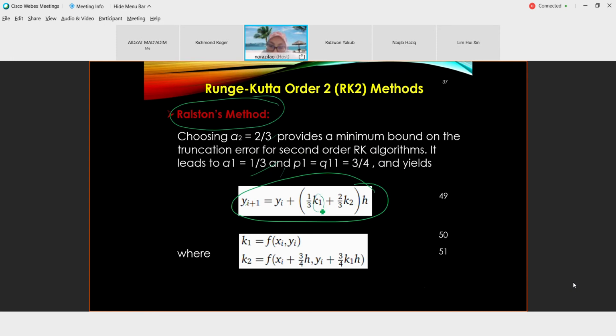The formula for K1 is f(xi, yi). K2 is equal to the function f(xi plus 3 over 4 h, yi plus 3 over 4 k1 h). So please check your module and highlight all those equations, purposely because you need to use them during test 2.